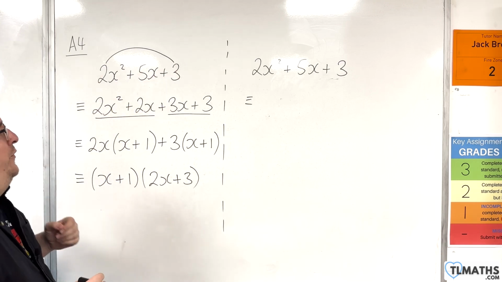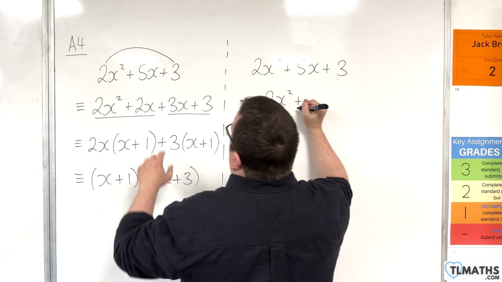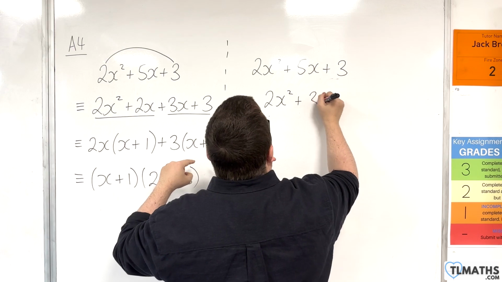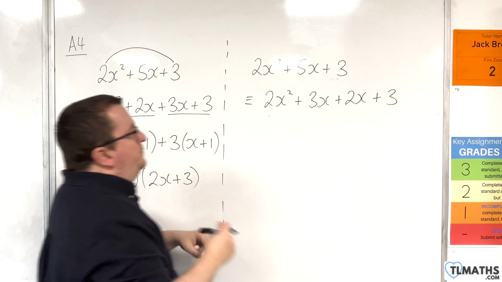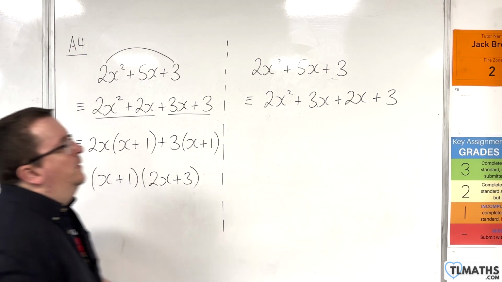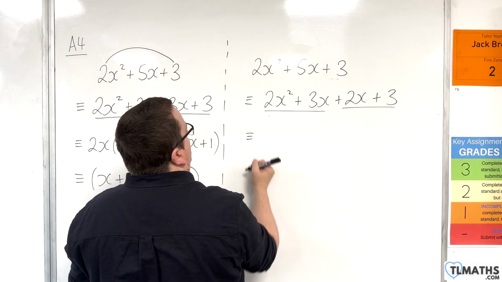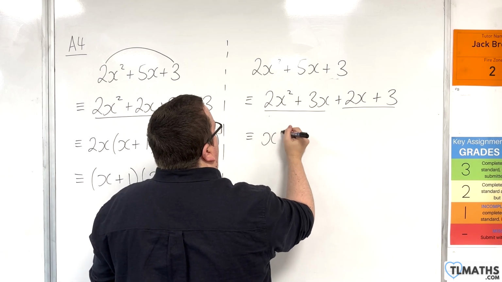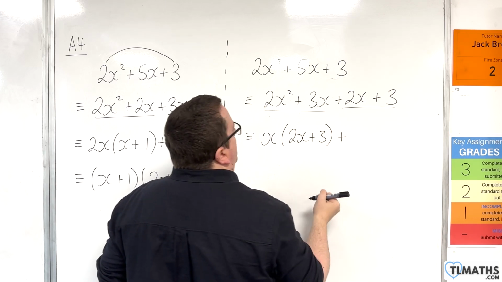Right, let's do it the alternative way. So that would be splitting the 5x up into 3x plus 2x. So 3x plus 2x, like that. So look at the 2 halves. Now 2x squared and 3x both have a common factor of x, and we're going to have 2x plus 3 in the bracket.